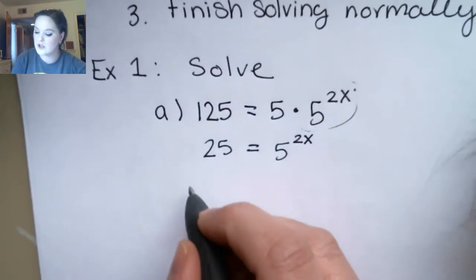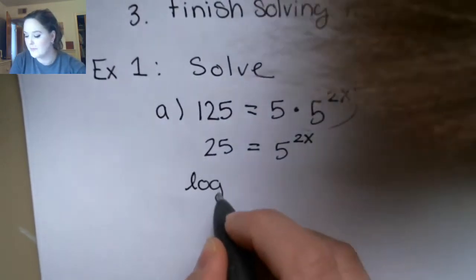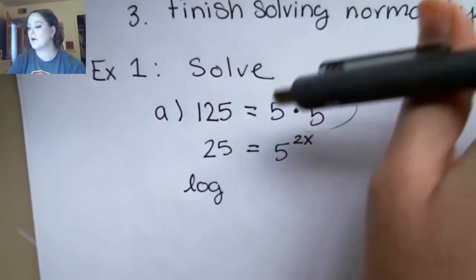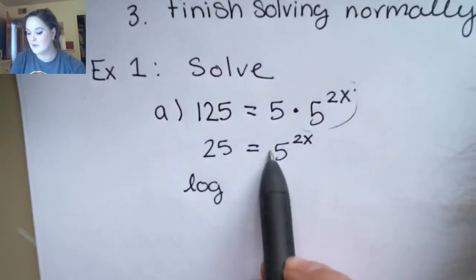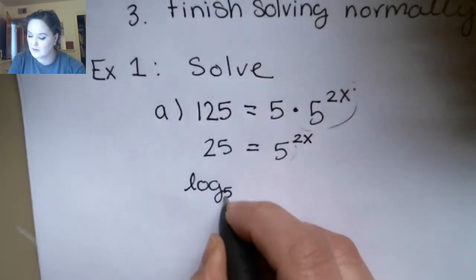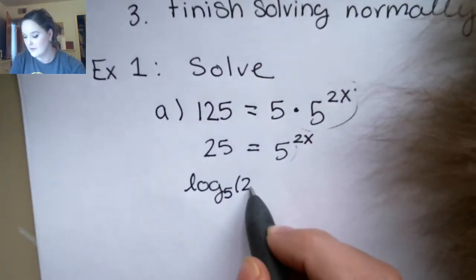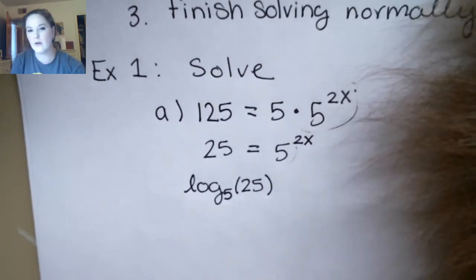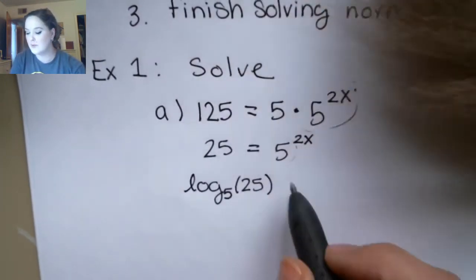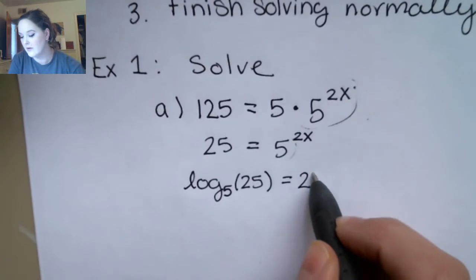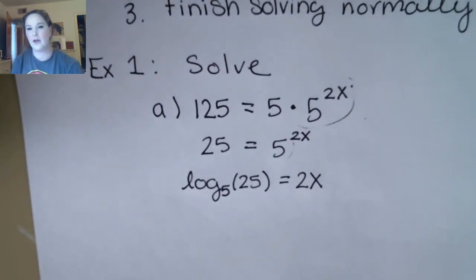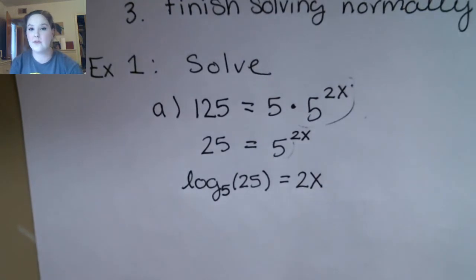So we're going to change to logarithmic form. Remember, the base of the exponent becomes the base of the logarithm. 25 goes here, and the exponent is your answer. Now we need the stuff that was in part 2 of the video, which is evaluating logarithms.